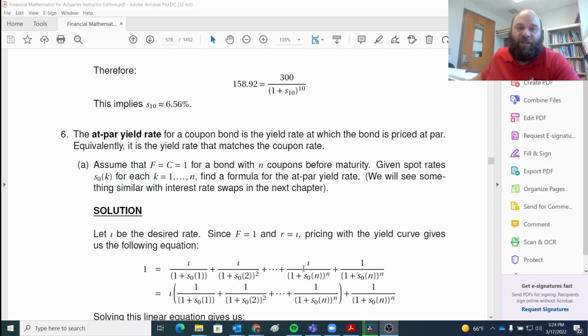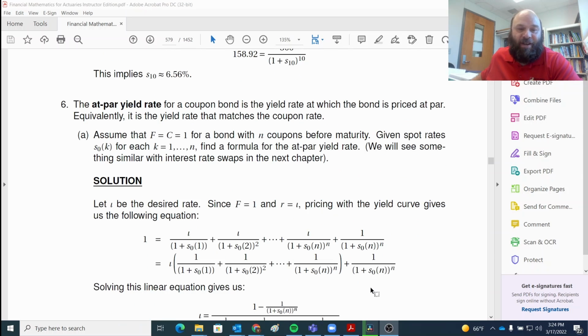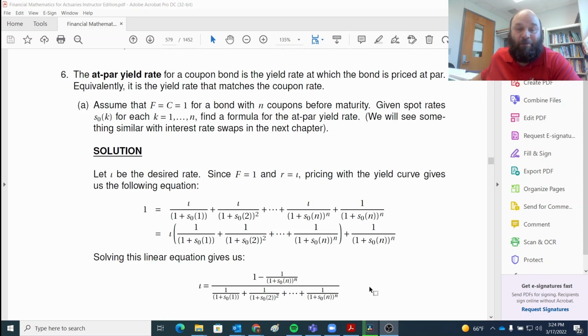It's advantageous because remember, we're solving for I. So we factor out our interest rate from the first terms, and we've got this equation. This is essentially a linear equation. It's 1 equals I times a number plus a number. So we subtract and divide, and we get this little formula. In 451, we saw that this is very much like how interest rate swaps are valued.